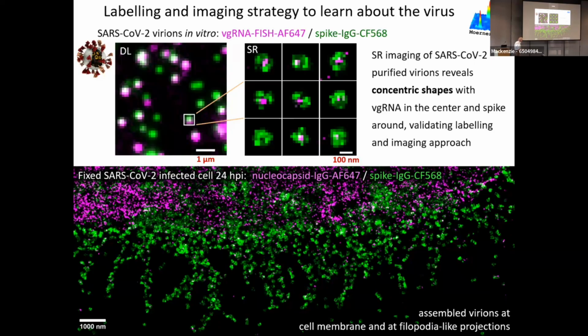And now I'm showing in magenta the nucleocapsid protein, that N protein that wraps around the viral genomic RNA, as well as spike in green, near the edge of the cell. So the edge of the cell, you see, is decorated with a huge number of filopodia and lots of viral particles, because you see many of these little spots have green as well as magenta.